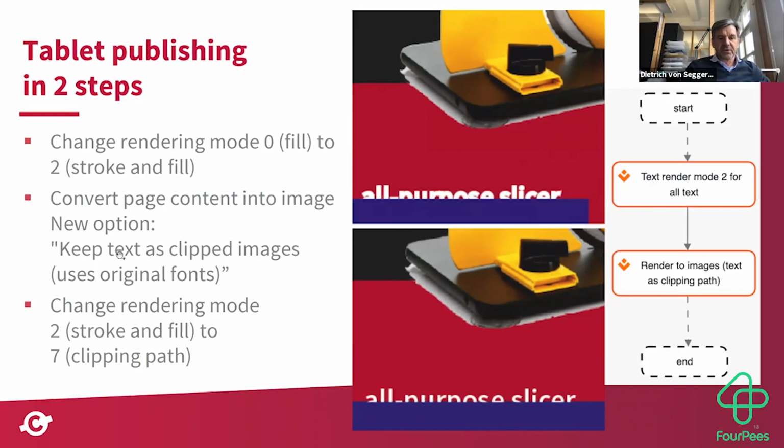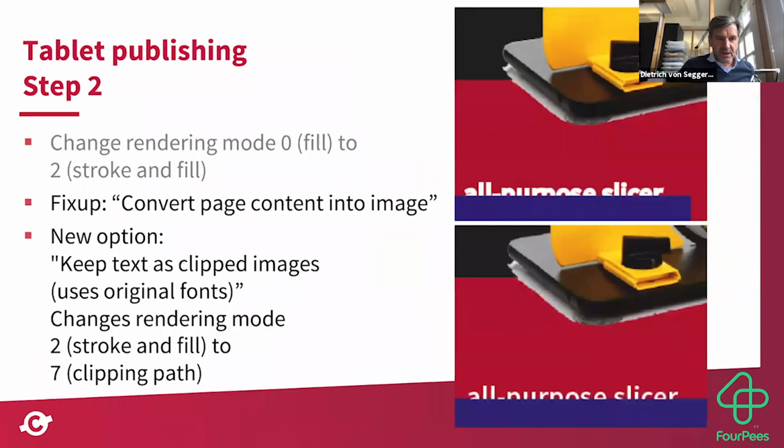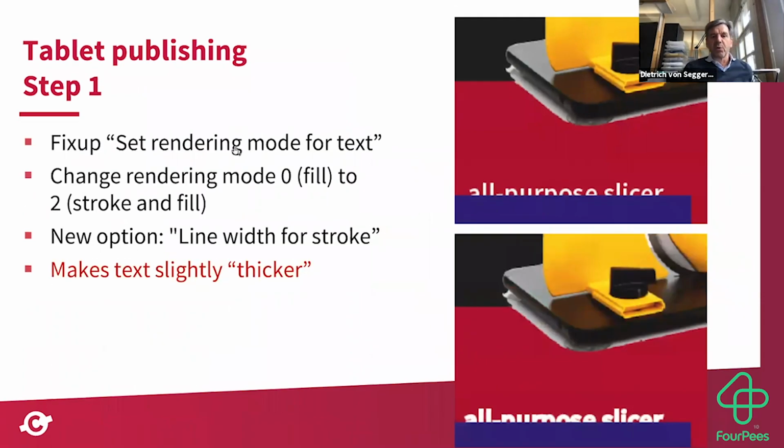There is one convert page content into image, and that has an additional option, which is keep text as clipped images. And the other fix-up that we were using is a set rendering mode for text, which allows now to change the render mode from 3 to 2, and to also specify the line width. Okay.